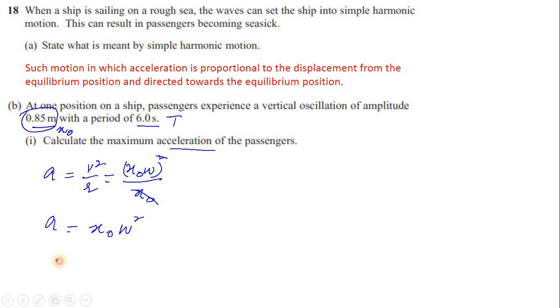How do you find omega? Omega is 2 pi over T, where T is the period.